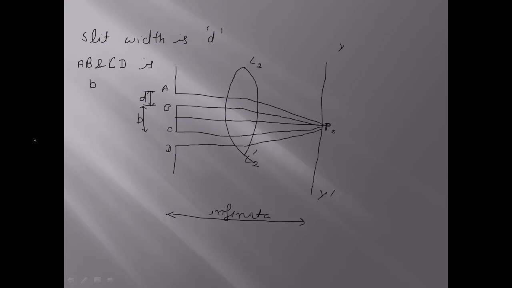These two slits, the slits AB and CD, work as individual sources, and these are just like coherent sources.